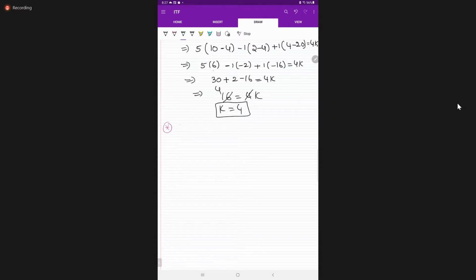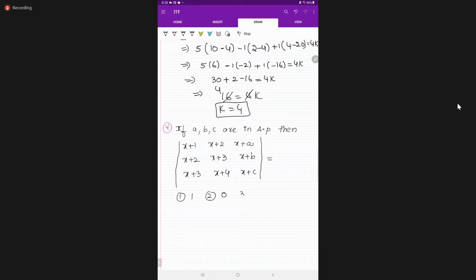Next question. If a, b, c are in AP, then the determinant of x plus 1, x plus 2, x plus a; x plus 2, x plus 3, x plus b; x plus 3, x plus 4, x plus c is equal to: first option 1, second one is 0, third one is minus 1, and fourth option is 2.